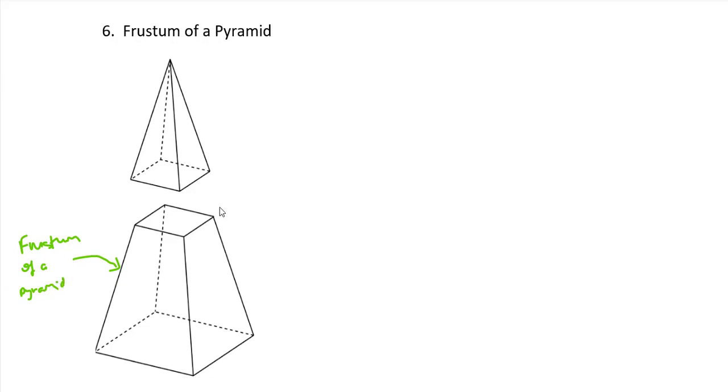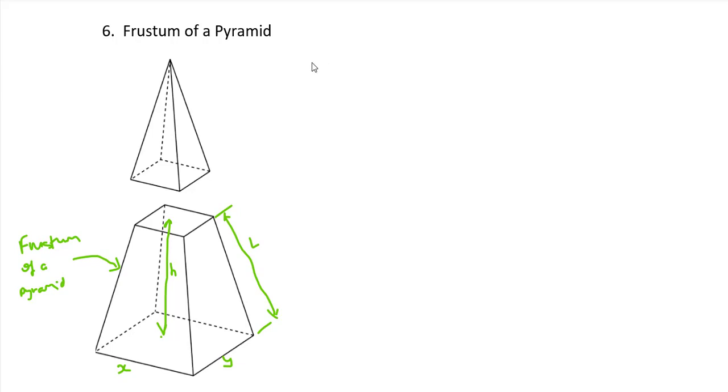Okay, so now we will calculate the total surface area and the volume of a frustum of a pyramid. So let us again draw a perpendicular from the top surface to the bottom surface, which we will call vertical height h, and the slant length of the frustum of a pyramid we will represent by L. And then again we have a rectangular base having length x and breadth y.